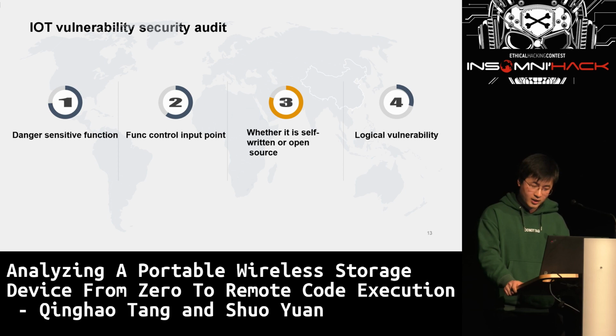The second part is to audit the input port of the function. If there is a function with a dangerous overflow, and there is a situation where the user can control input, then the vulnerability can be exploited.